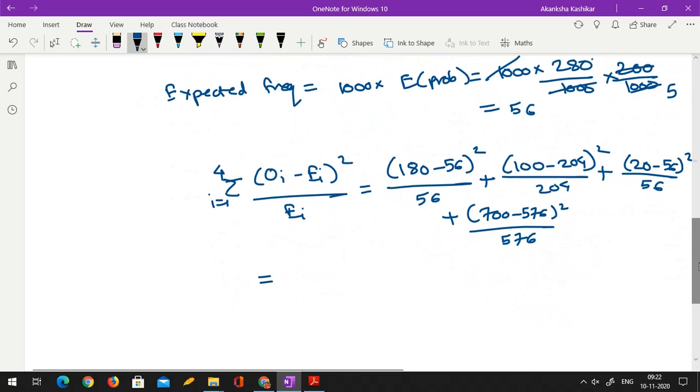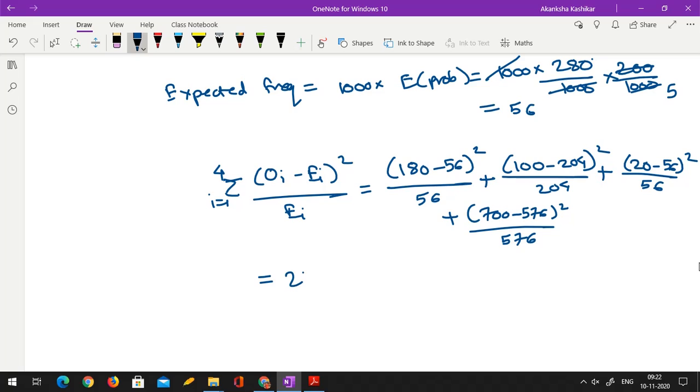So we have to compute each of these values. So (180 minus 56) whole square divided by 56.